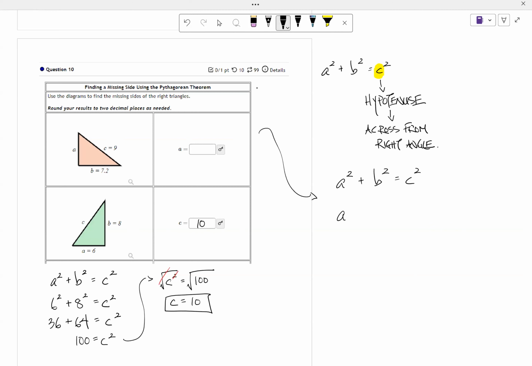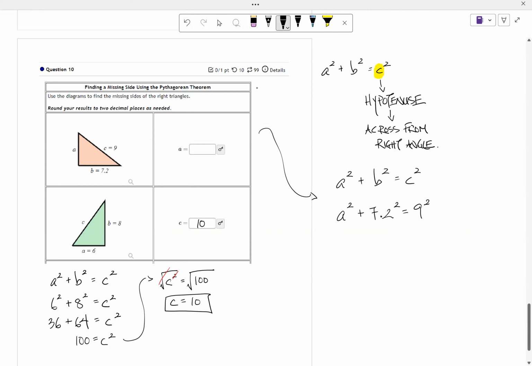So they don't give me a number for a, so I'm going to leave it as a squared. Plus b is a decimal, 7.2 squared, but that's okay that it's a decimal because we're going to use our calculator, okay? Equals not c squared, but 9 squared, okay?